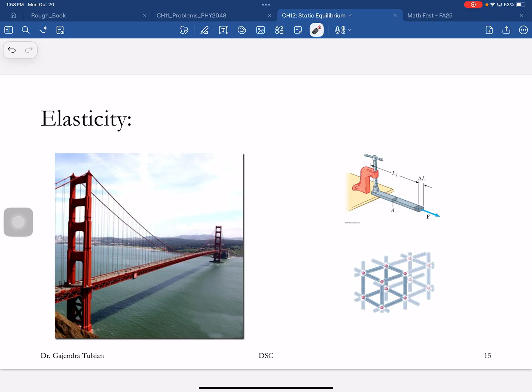That's elastic behavior. And how often do you want this to be done? Millions and millions of times. Infinite number of times, if possible. But of course, that doesn't happen. This bridge has been there almost 100 years, but there are other structures that don't last that long.